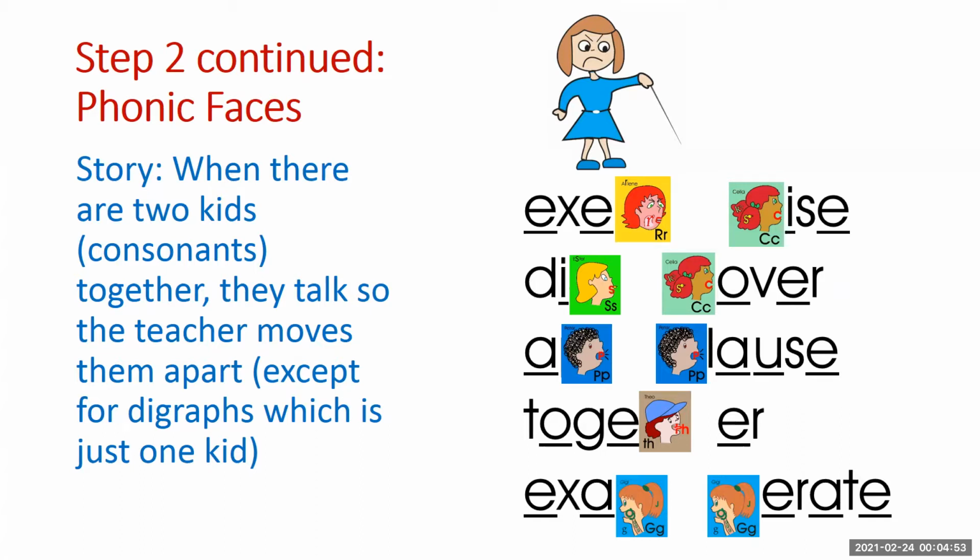The two P's, move them apart. But together, the TH does not represent two different consonants. That's just one consonant that's spelled with two letters or a digraph. And then we split the two G's in the word exaggerate.